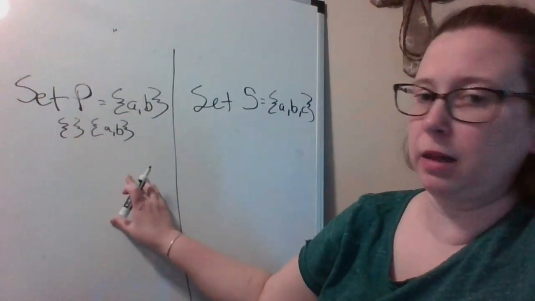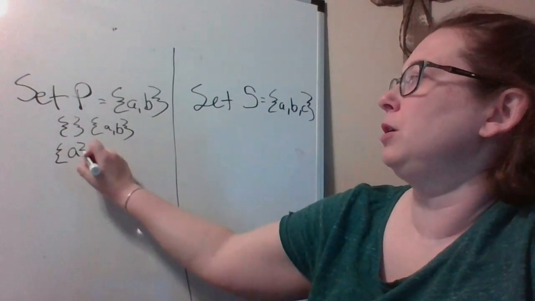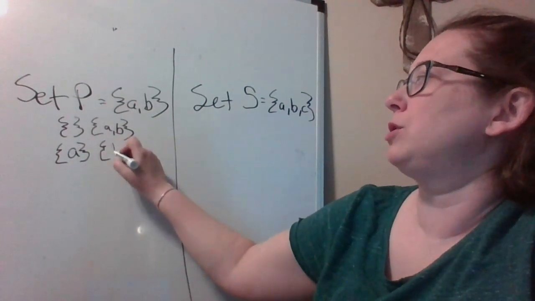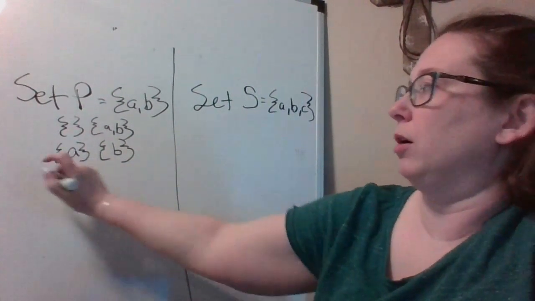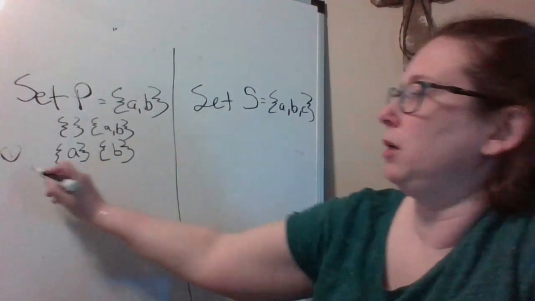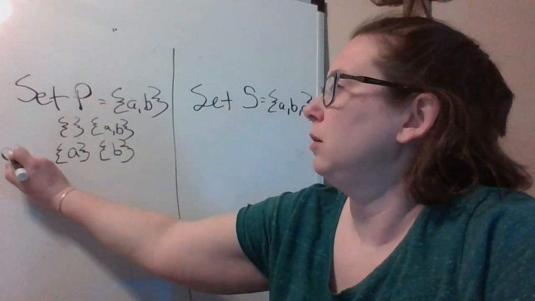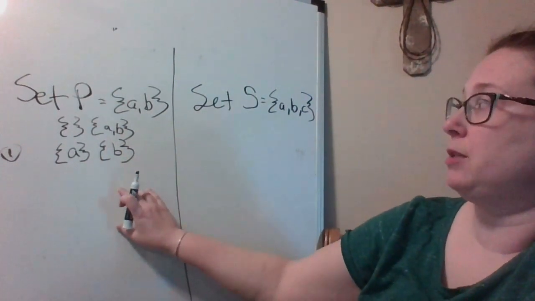So I have both of those out of the way. And then with this one, the only other option I have is each element by itself. So I have our listing where we have one element in each set, and that's it. That is our list of subsets.